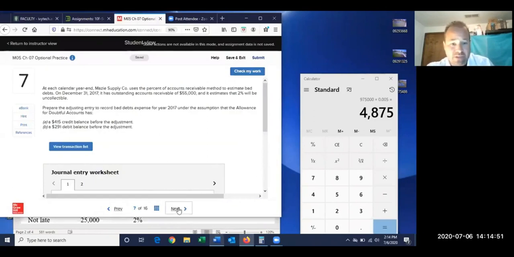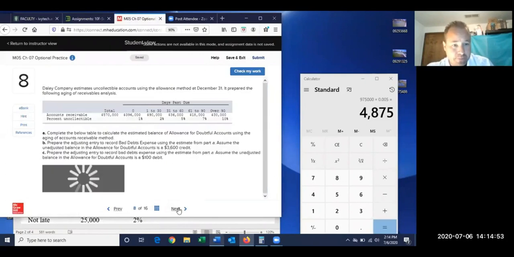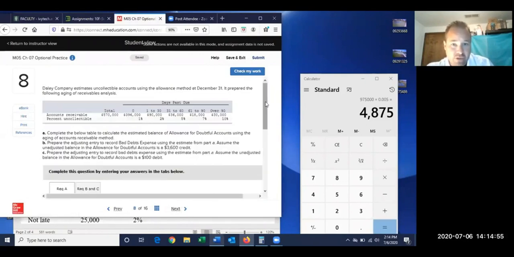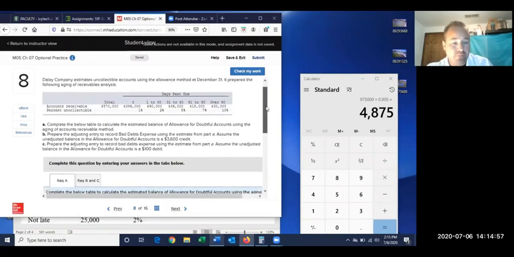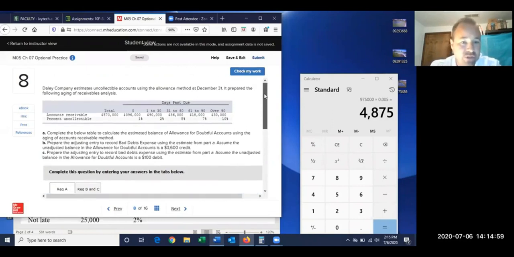So what I'm going to do is go to the next one, because this one we're going to calculate, and I wanted to show how that works. Just like in my example, they give us $570,000 of AR, and if you add up all of these amounts, it equals 570. Then they're saying the amount due is how much we don't expect to collect.